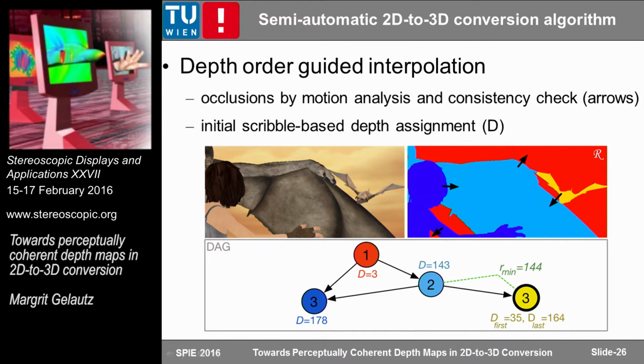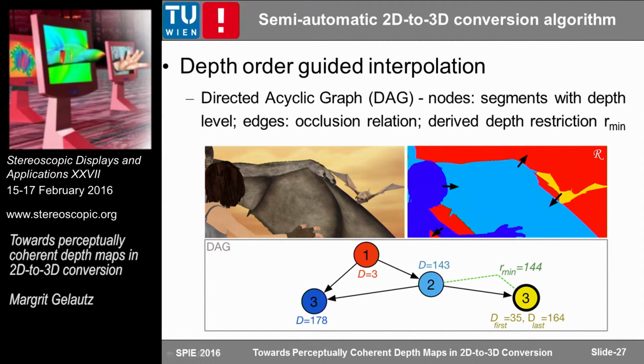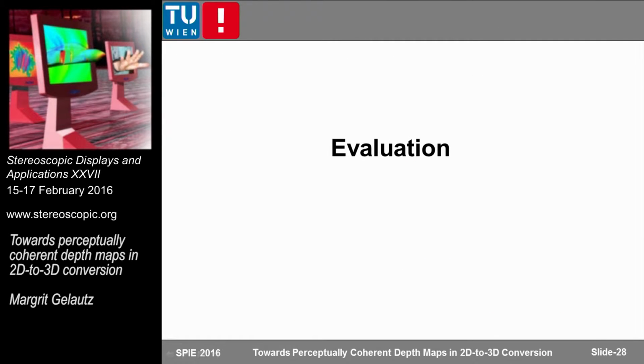We can now use the information in this graph to automatically refine the depth information and derive depth constraints for each intermediate frame. And the important thing is that these newly computed depth constraints are consistent with the occlusions that we observed by our motion detection. So that's the basic idea of this part of the algorithm. That's what I said already. And let's now come to the evaluation part.